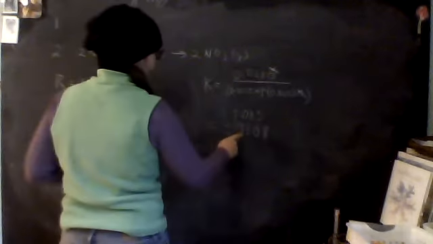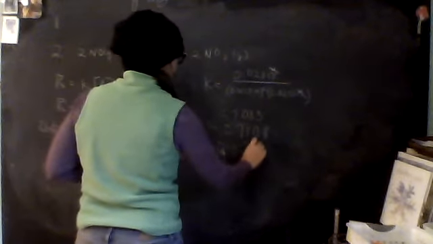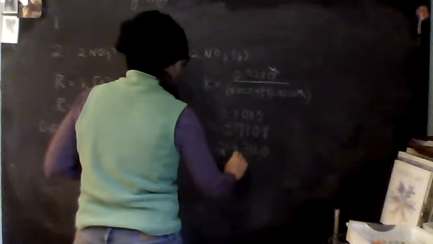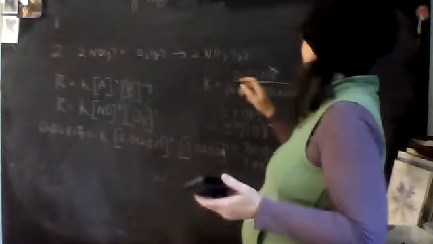Okay, so how many significant digits do I want? 3. So I round to the nearest 10, which gives 7.11 times 10 to the third. And what are the units of K?